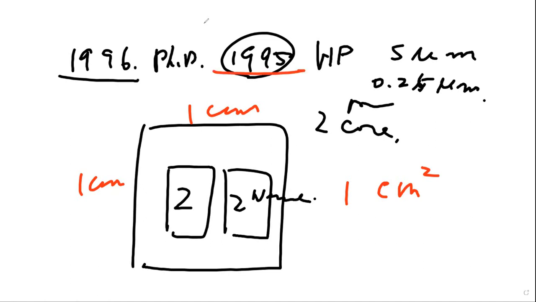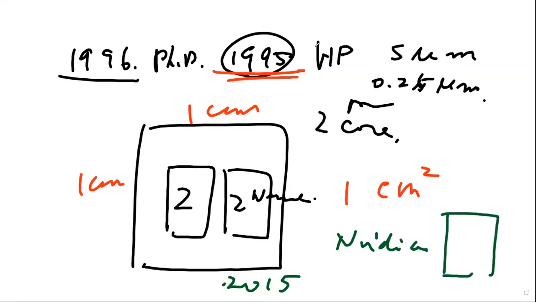That was back in 1995. Now go to 2015 when AI got started. NVIDIA has a GPU, and they already realized 180 digital cores.